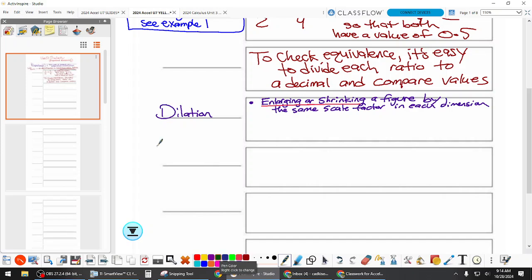Okay, let's talk about scale factor. You know what, before we do that, it might be nice to just show a little picture for what we're talking about here. Picture.